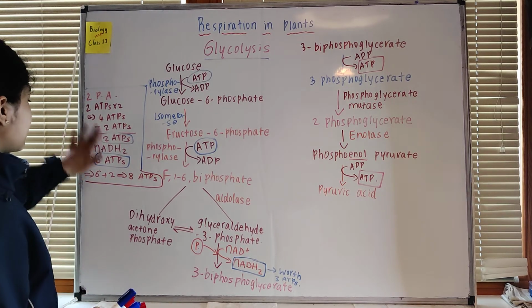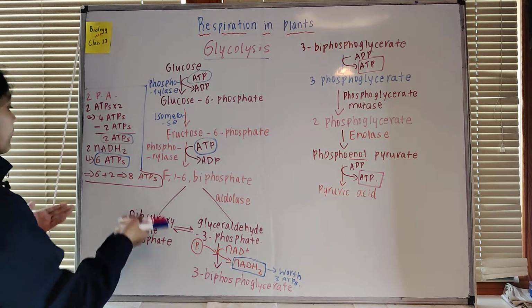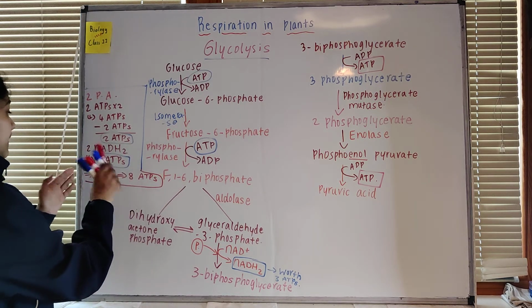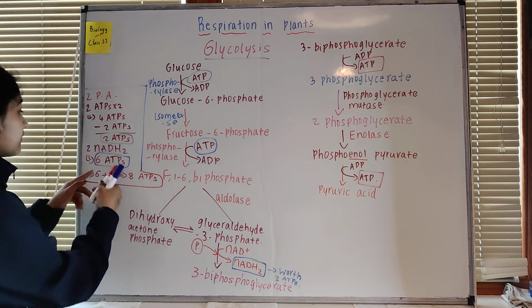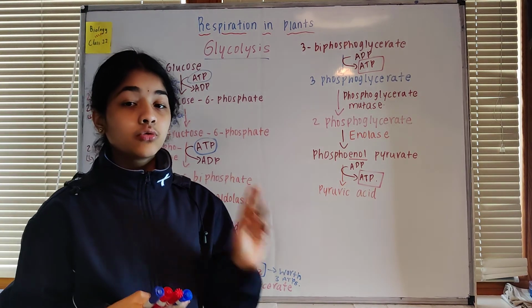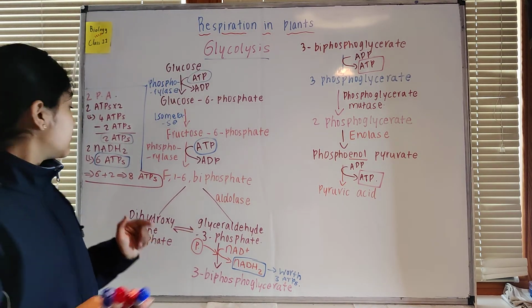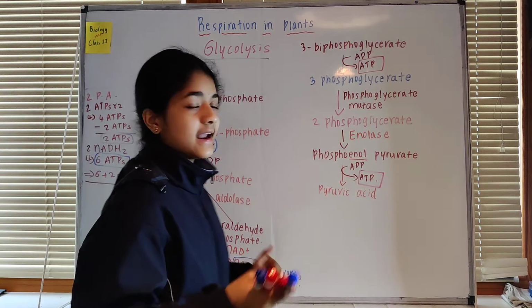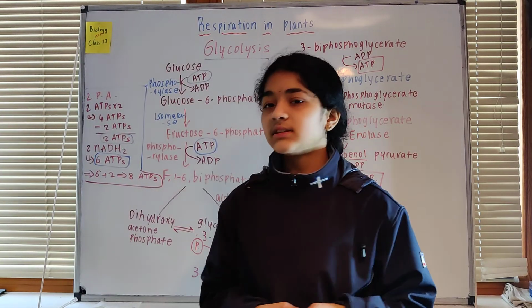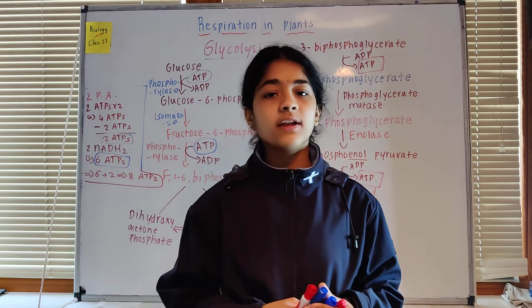But ATPs themselves are 2 and the other 6 ATPs are from NADH2, because we said NADH2 is worth 3 ATPs. So 2 NADH2 are there, so 2 times 3 is 6. So 6 plus 2 is 8. Overall 8 ATPs are synthesized. So in this video we discussed the whole process of glycolysis.